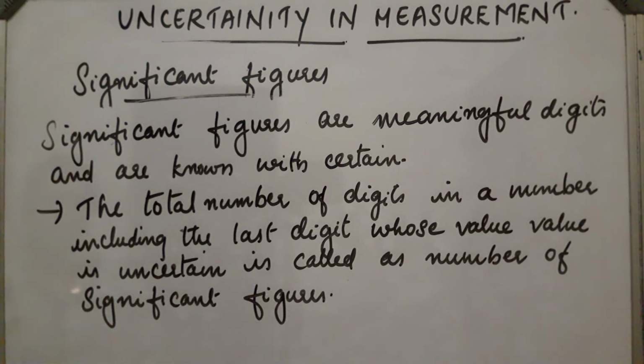So now using this we can calculate the number of significant figures. Uncertainty in the experimental and calculated values can be indicated by using the number of significant figures.